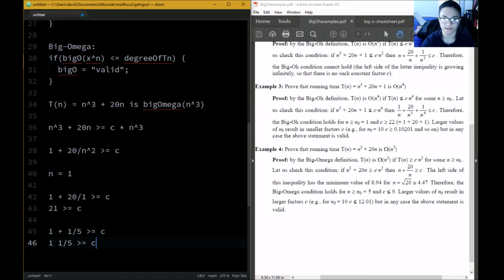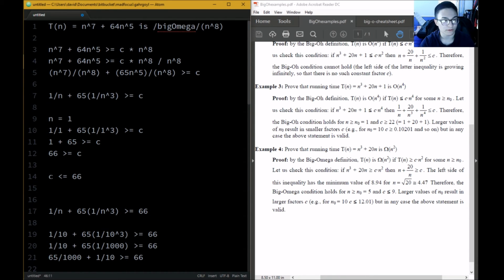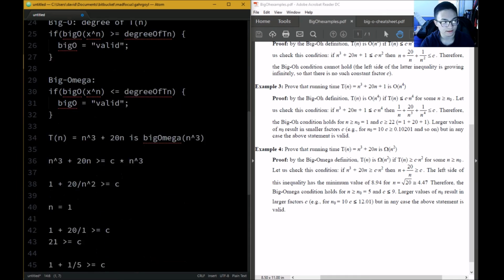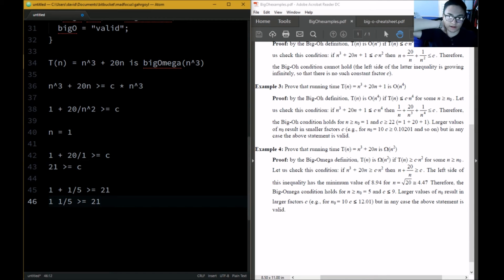Because in the event like the one we had above, you want c to be less than or equal to this. So if we set this 21 greater than or equal to c, is 1 and a fifth greater than or equal to 21? It's not. So larger values of n naught result in larger factors. Is this getting bigger? No, it's not. So this is false.